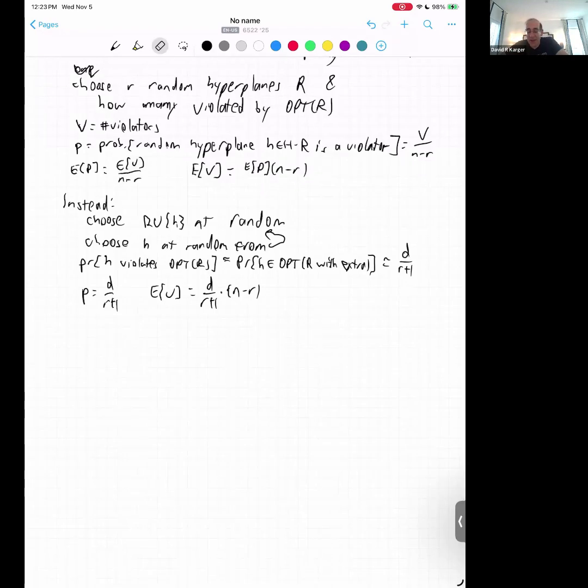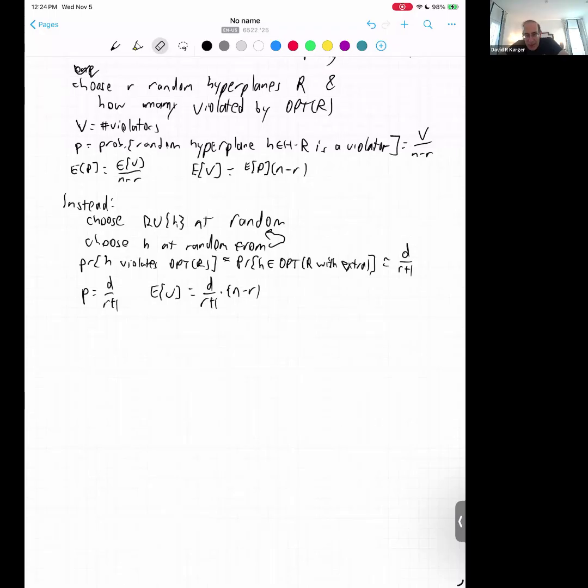We're not actually done with these insights yet. We're going to do even better by thinking about how we can tweak Seidel's algorithm. And this goes back to a very smart question that was asked by somebody in class on Monday, which is, all of our analysis talks about how you choose this sample and it must have one of the optimum hyperplanes violating the optimum of the sample.